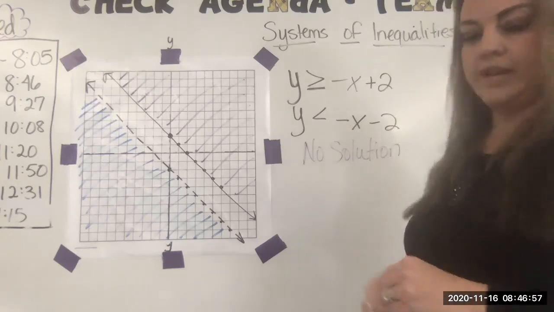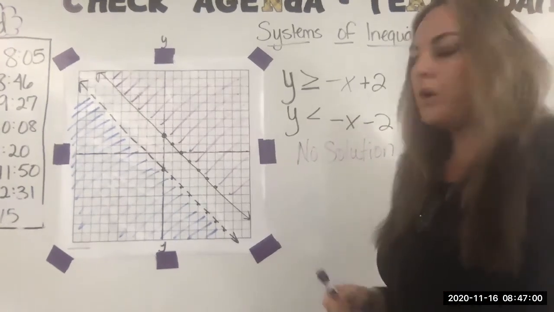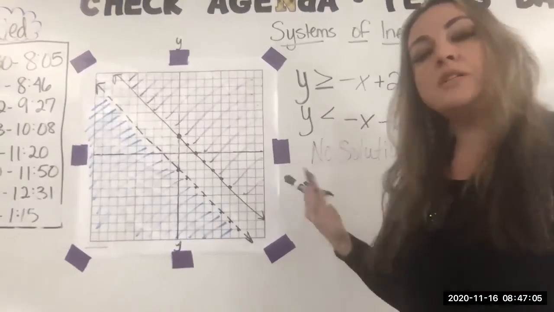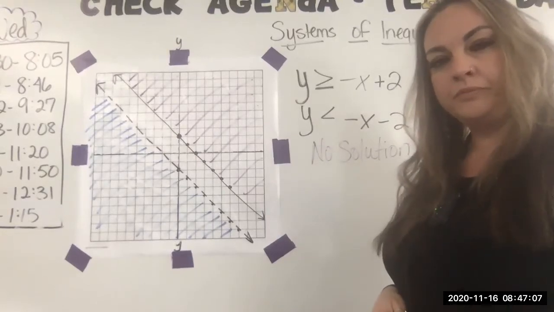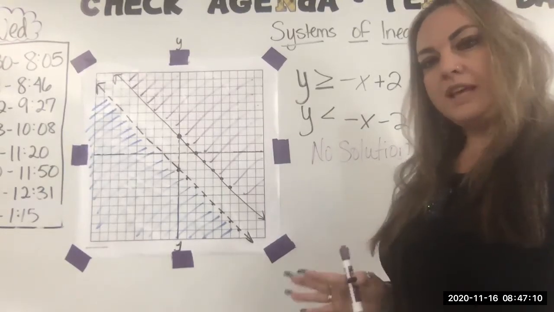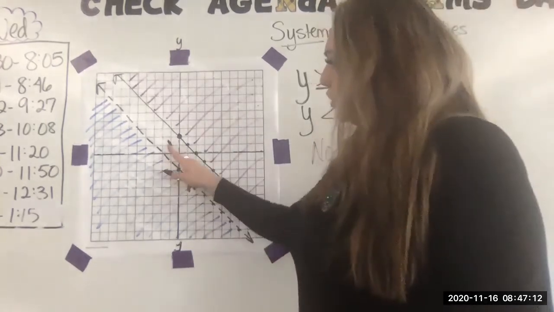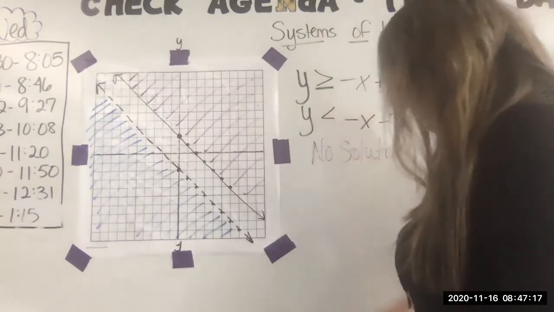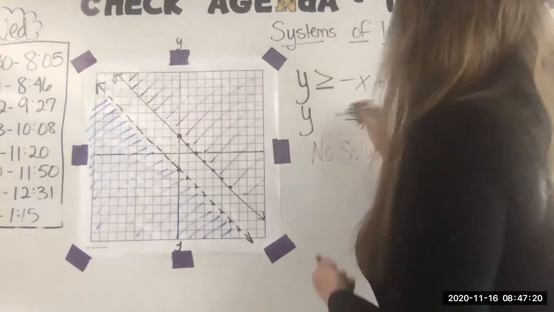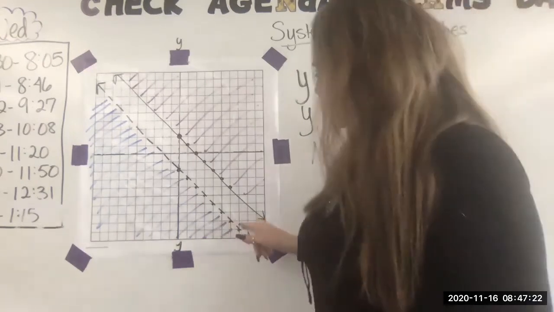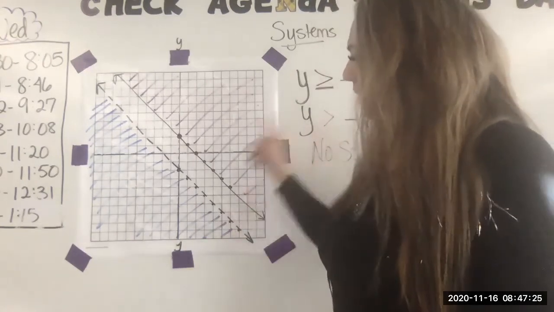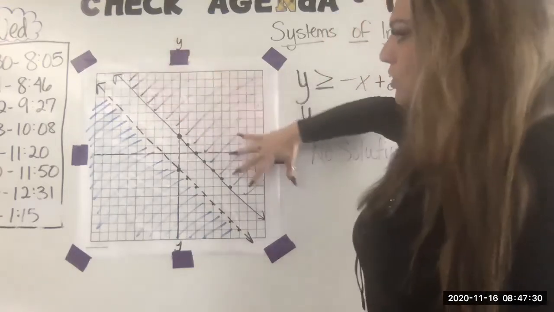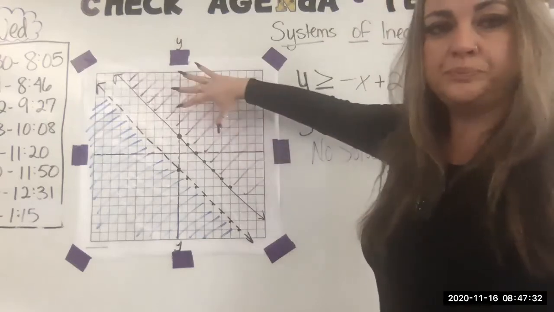Now, I want you to think, what would this one or this one, how could we change those to make it to where it does have a solution? And if you're thinking that if we shaded greater than for this, right, if we change this to greater than, we would actually need to shade up, which means that at this section here, the solutions would overlap and there would be a solution.